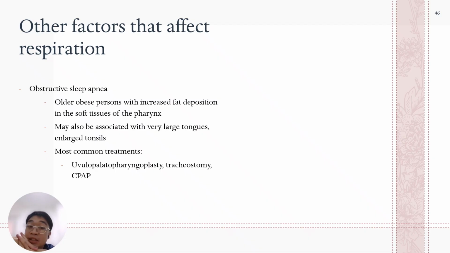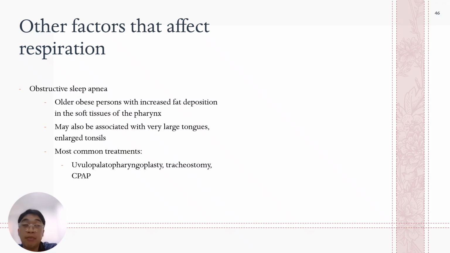Obstructive sleep apnea is not only seen among older and obese people, but can also be associated with those with very large tongues or enlarged tonsils, because again it might obstruct your airflow. A common treatment is uvulopalatopharyngoplasty, or surgery on the pharyngeal wall. You can also do a tracheostomy if the obstruction is very severe, so the airway is through your neck.